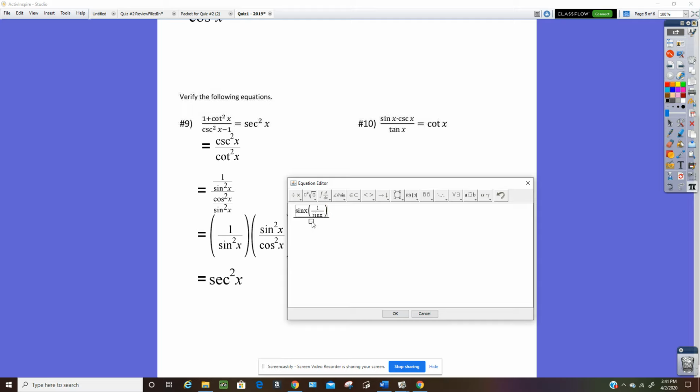And tangent becomes sine over cosine. Does that equal tangent x?